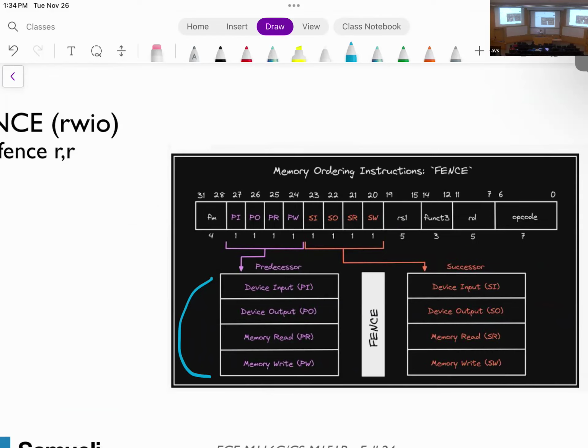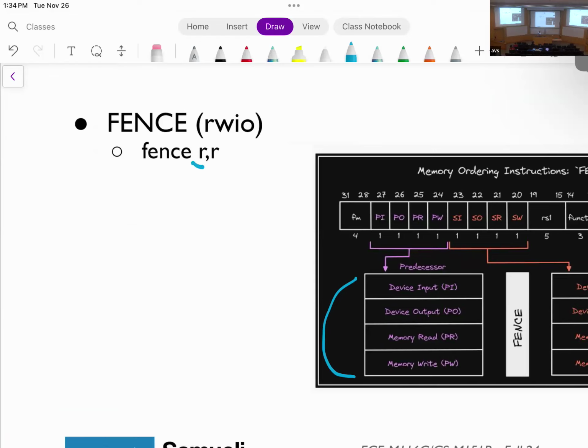You can have any order of these. Okay, so you can have, for example, what we call a fence RR, which means that all the reads should finish before the future reads. It doesn't say anything about the writes or the I/O. It just maintains the reads. You can have, for example, fence RW.